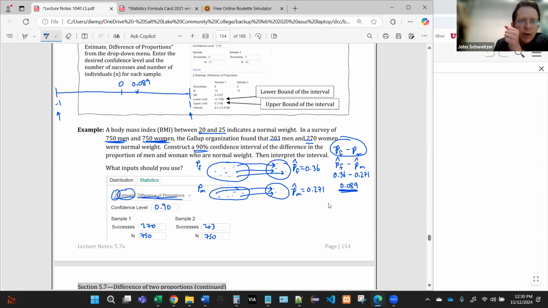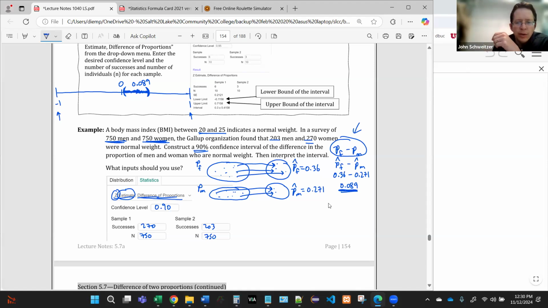We have our point estimate here. Then we put a margin of error on the right and a margin of error on the left. That creates a confidence interval that has some level of confidence that we're going to capture the actual difference between these two parameters.